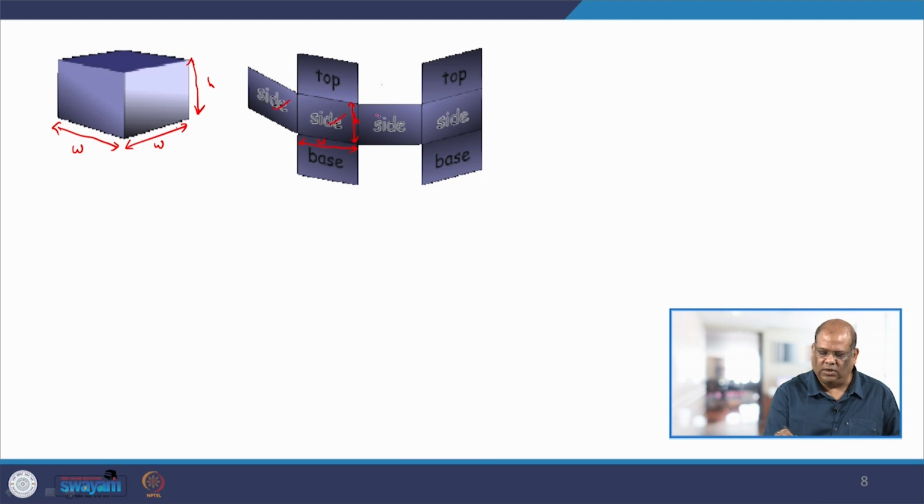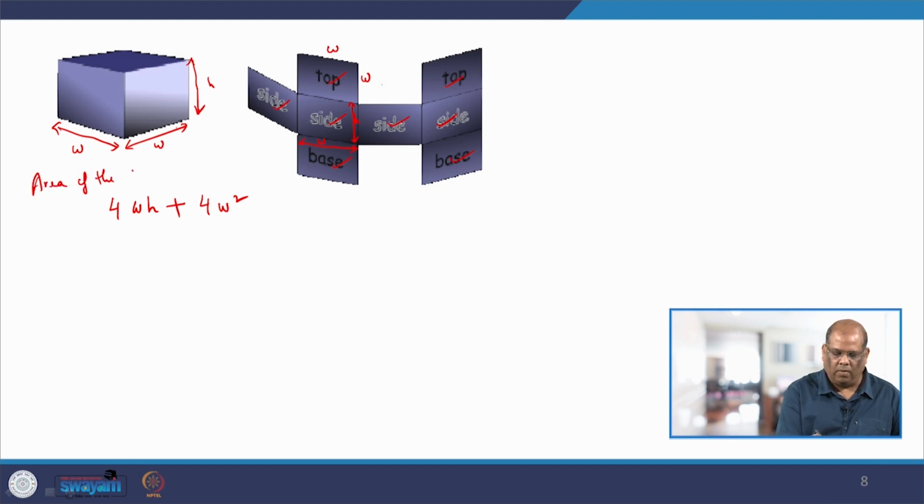So, I have 4 such sides and the area of each is W into H, 4 such sides, hence 4WH, plus I have the square base and the square top. So, this part is W, this part is W, the area is W square, 1, 2, 3 and 4. So, 4W square. This gives me the area of the cardboard.